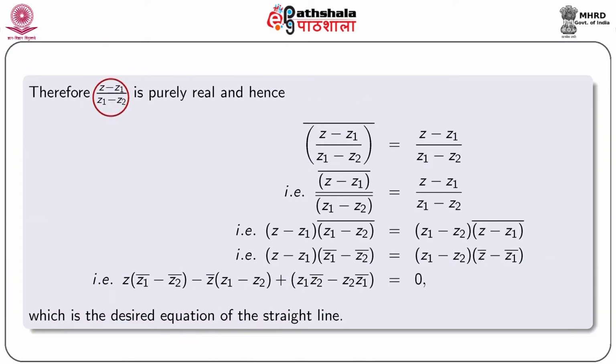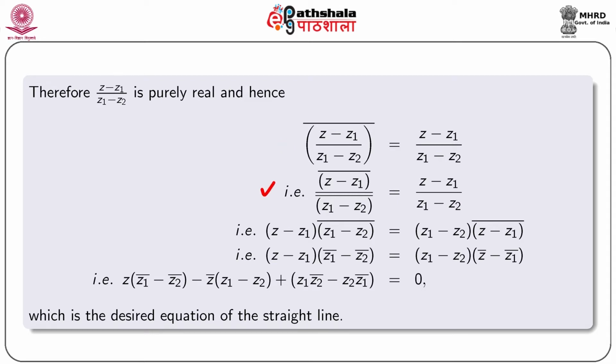Therefore, (z minus z1) by (z1 minus z2) is purely real, and we know that if z is purely real, then z bar equal to z. So, from this we can write conjugate of (z minus z1) by (z1 minus z2) is equal to (z minus z1) by (z1 minus z2).